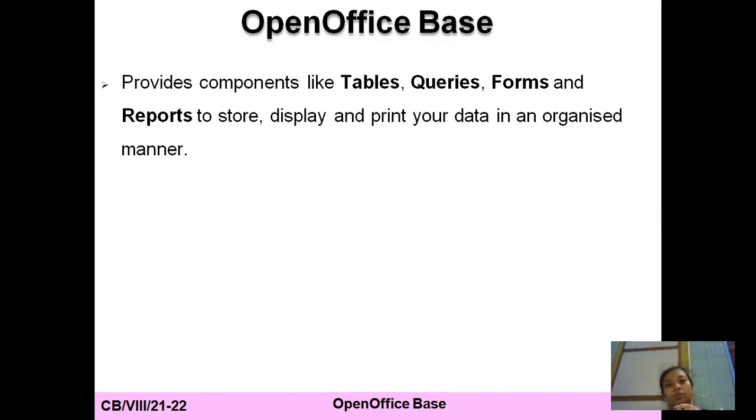It provides tables, queries, forms, and reports. One thing, remember, we are going to create a database, some data storage. So it will always come from a table. So OpenOffice always creates tables in such criteria.